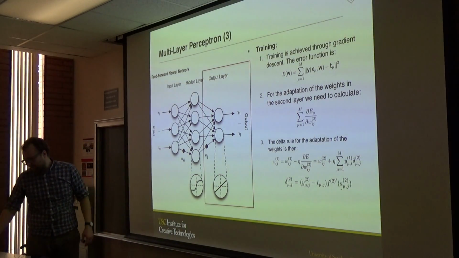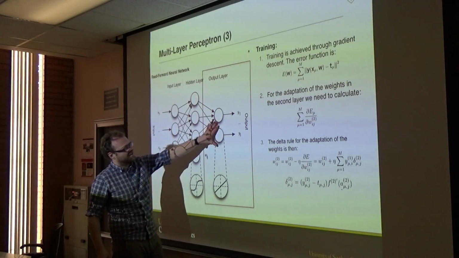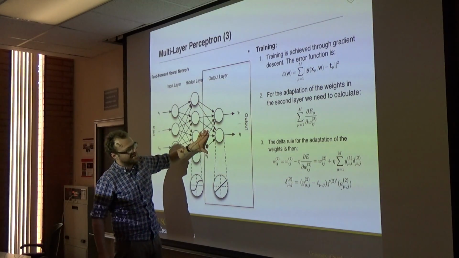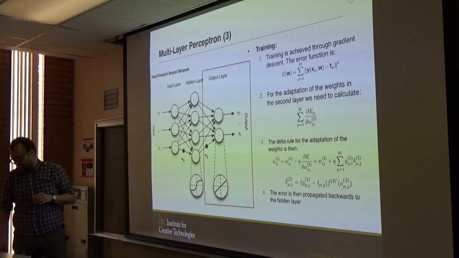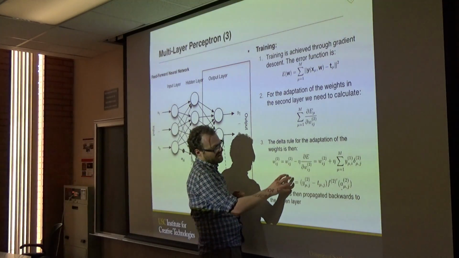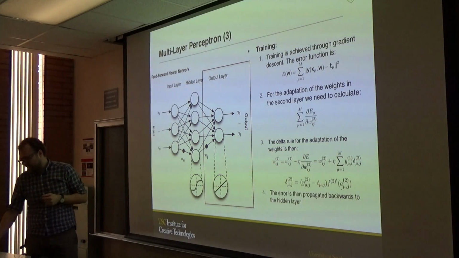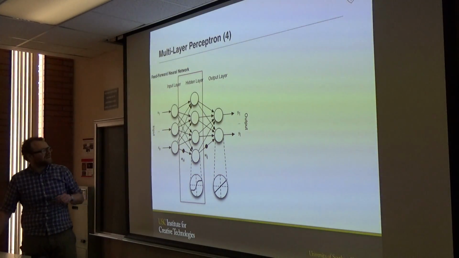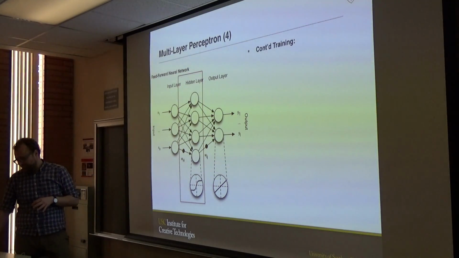Okay, and so that's how we calculate the updates for these weights. All right, and basically now we have to remember this error and send that back through the network, and now we have to update those.